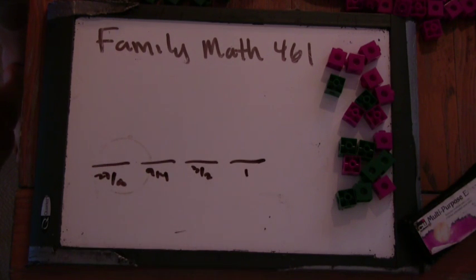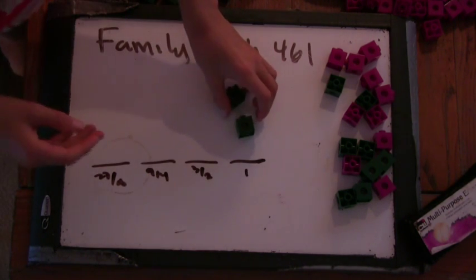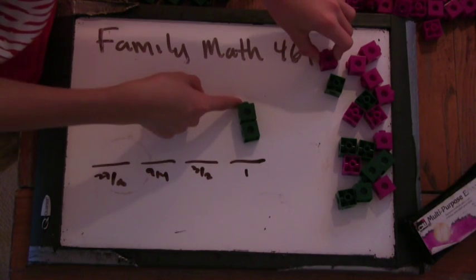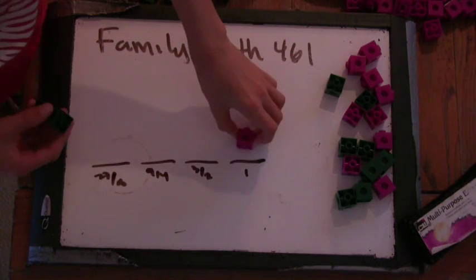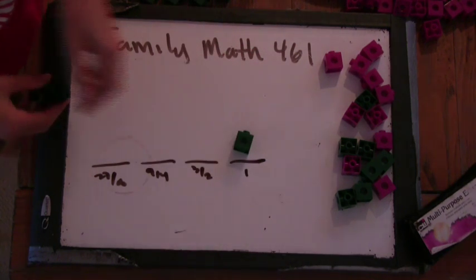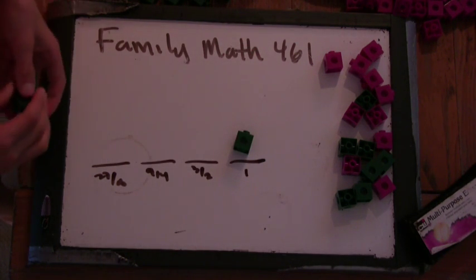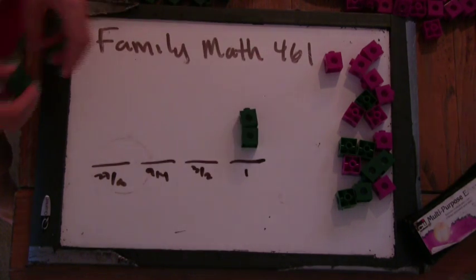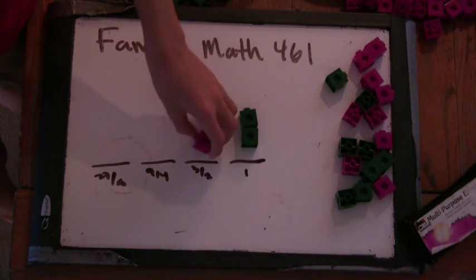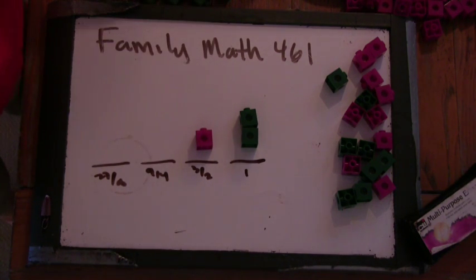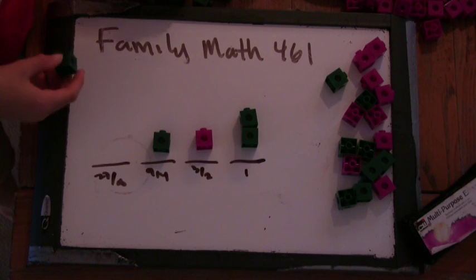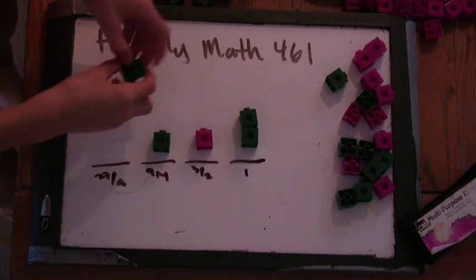Make 1. We could start with 2 here. Well, you could start with 2 in there. You can start with any number you want, 0, 1, or 2. 0, 1, 1.